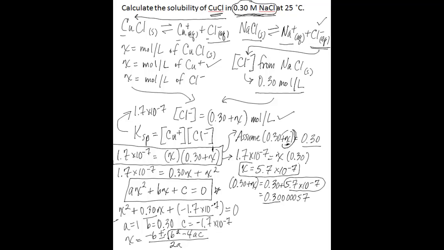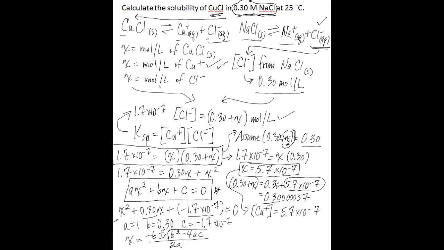Here's our x. And we already know the concentration of copper. The concentration of copper is equal to x. We know that from way up in the beginning. So concentration of the copper cation is equal to 5.7 times 10 to the negative 7.